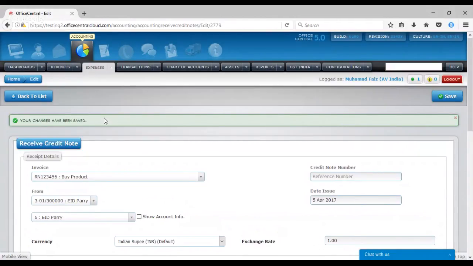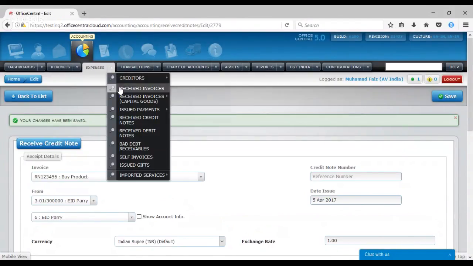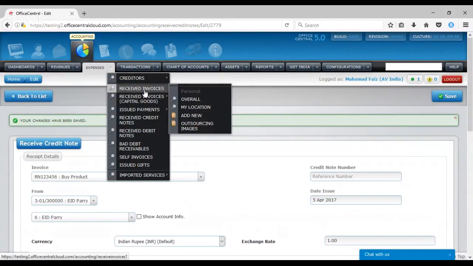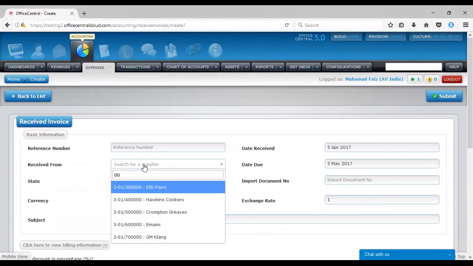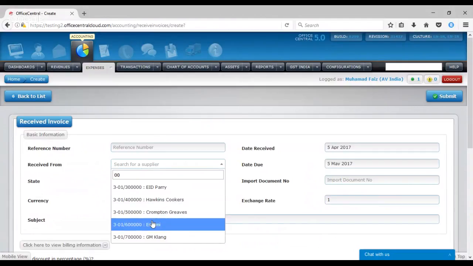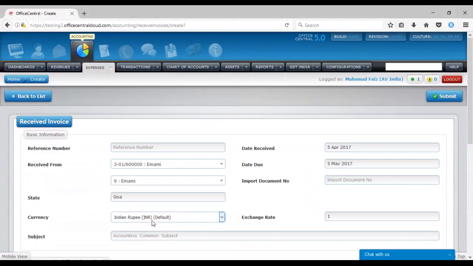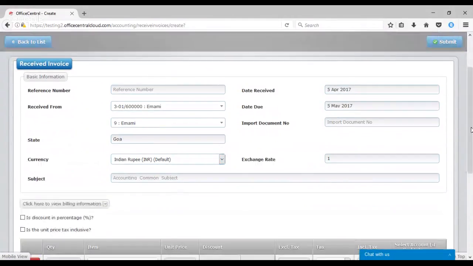You can do some other transaction, for example, the purchasing of product from another state. Okay, we do a receive invoice from another state. Let's say we already registered the supplier from another state, for example Goa.